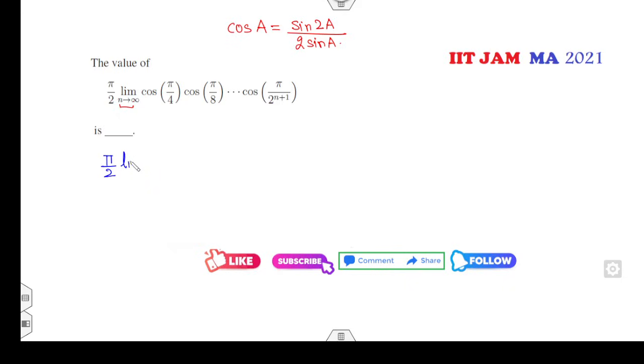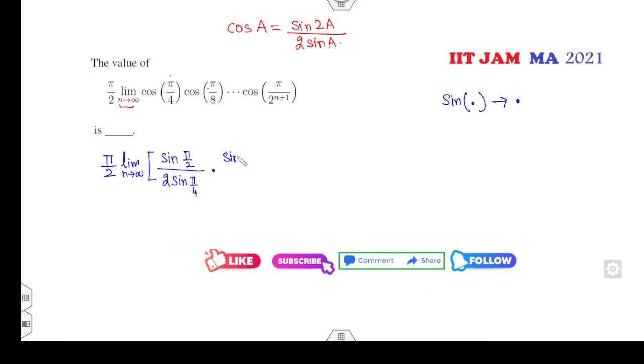Pi over 2, limit n approaches infinity. For the first term, this is my A: sine of 2A divided by twice sine of pi by 4. I am using sine because whenever the angle is small, I can replace it by the same number. What is cos pi by 8?